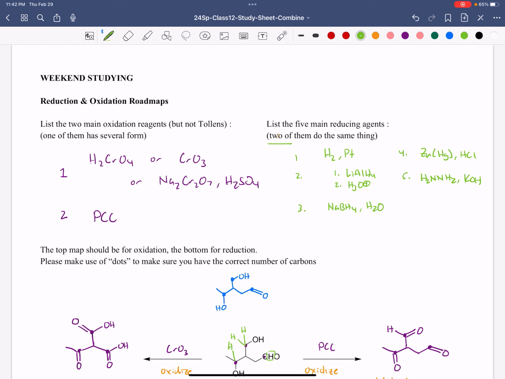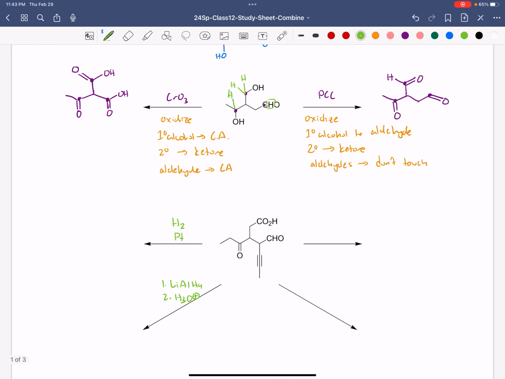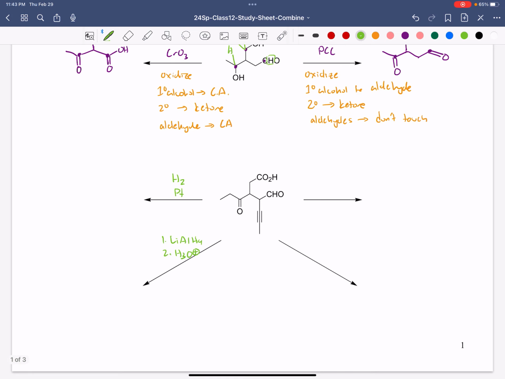And now we're putting them around the roadmap. NaBH4, water or methanol, and up here, Wolff-Kishner, or that's Clemmensen, or Wolff-Kishner.